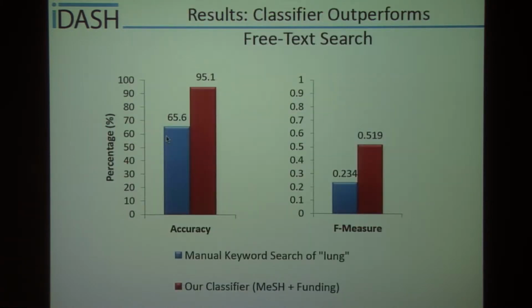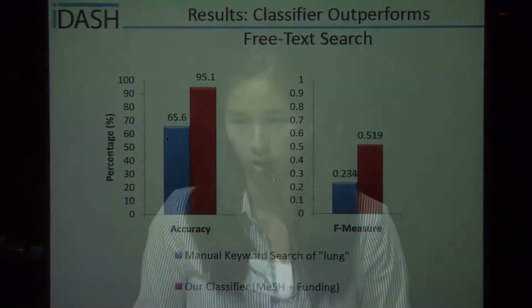Looking at the results, our classifier does outperform the free text search. If you recall, the manual keyword search of lung had an accuracy of 66% and a low F measure, whereas a classifier we built using mesh terms and funding sources as attributes had 95% accuracy and more than double the F measure of a manual keyword search.